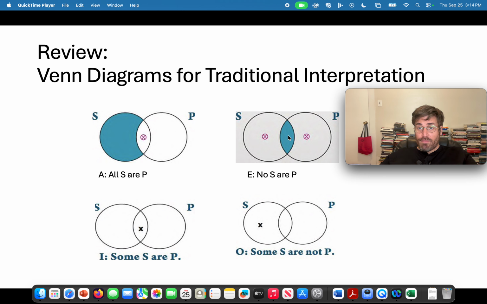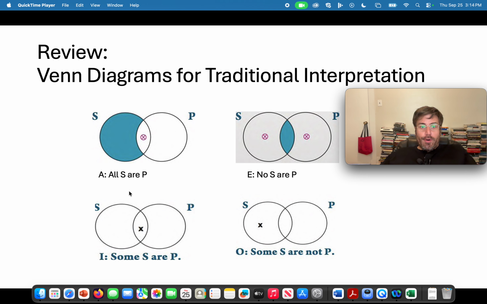However, the distinguishing feature from the modern interpretation is the usage of two circled X's, one in region 1 in the subject group and one in the predicate group to designate that there is at least one member of the subject that exists and one member of the predicate that exists as well.